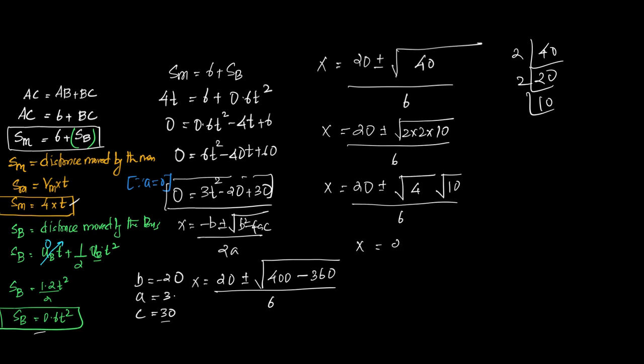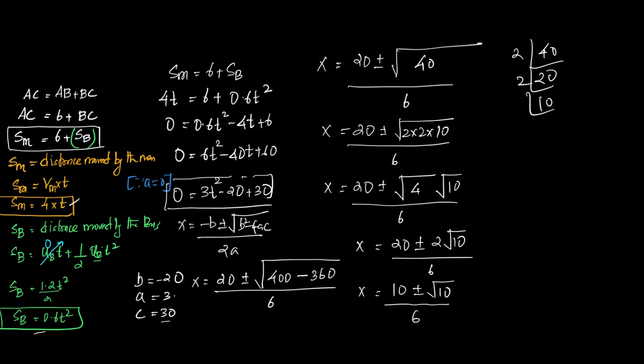So x is equal to 20 plus or minus 2 root 10 by 6. If you divide the whole expression by 2, 20 by 2 is 10, plus or minus 2 by 2 is 1, into root 10, by 6. Okay, now root of 10.